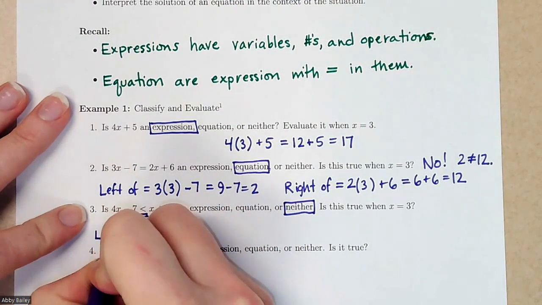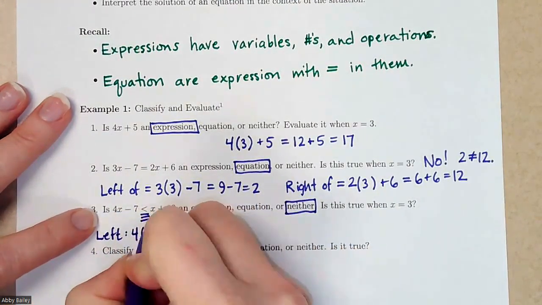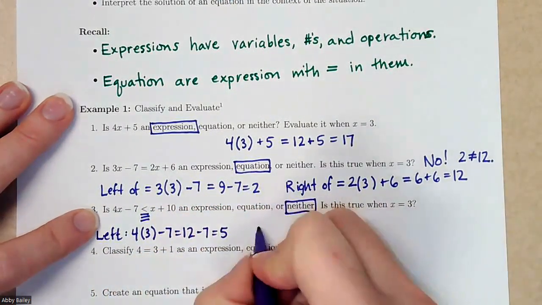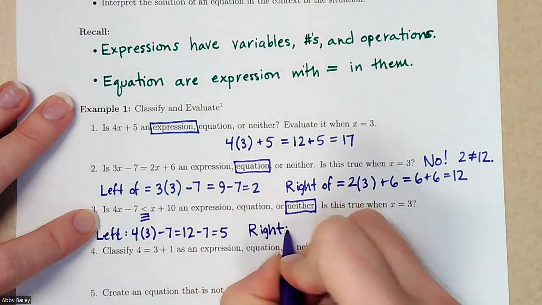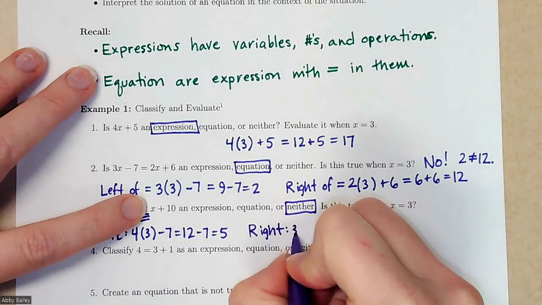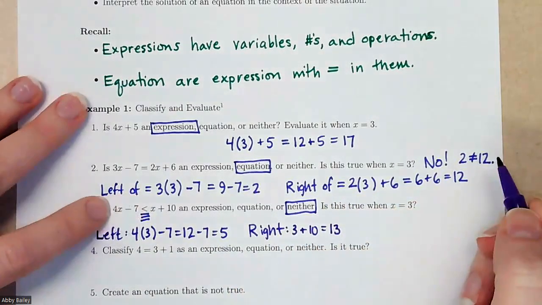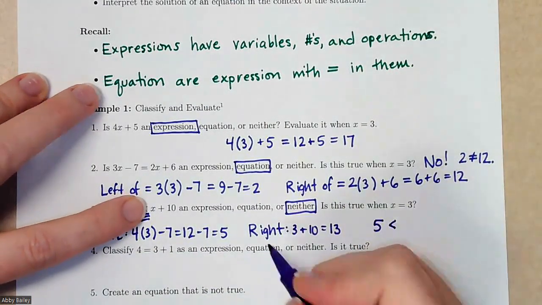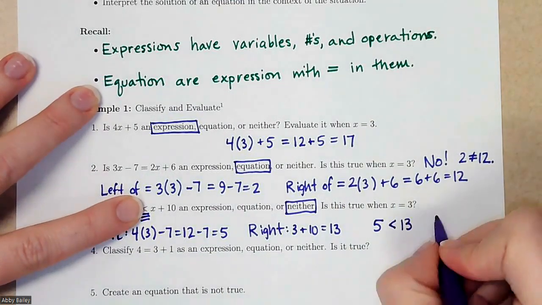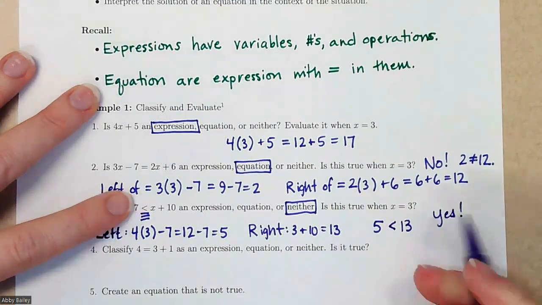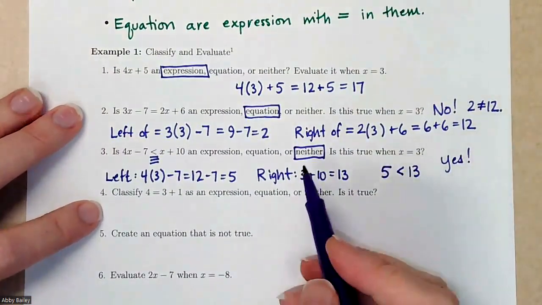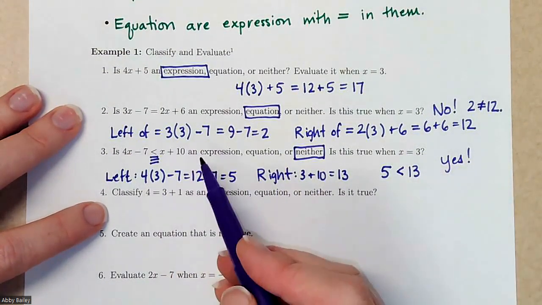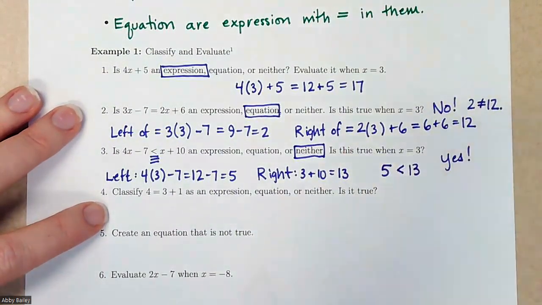On the left, 4 times 3 minus 7 is 12 minus 7, which is 5. And on the right, we would have 3 plus 10, which is 13. Now let's put it in there. The left was 5, we had the less than symbol, and then the right was 13. Yes, 5 is less than 13. So even though it wasn't an equation, something could still work and make it true. It did.